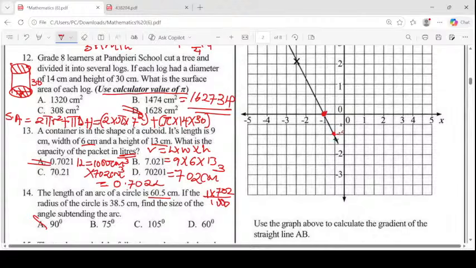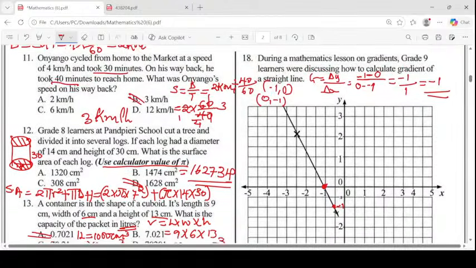Oh, sorry, I've seen where I did not do the right way. The last point here should have been negative 0.5, -1. The coordinate there is negative 0.5, -1.